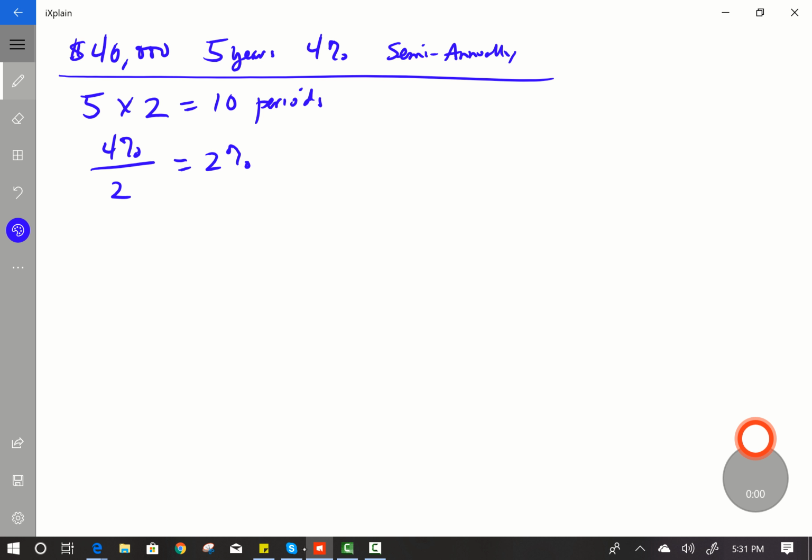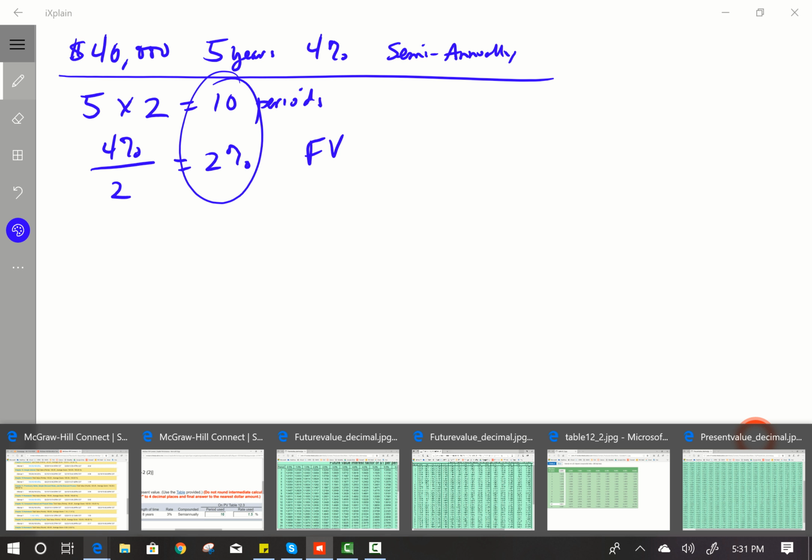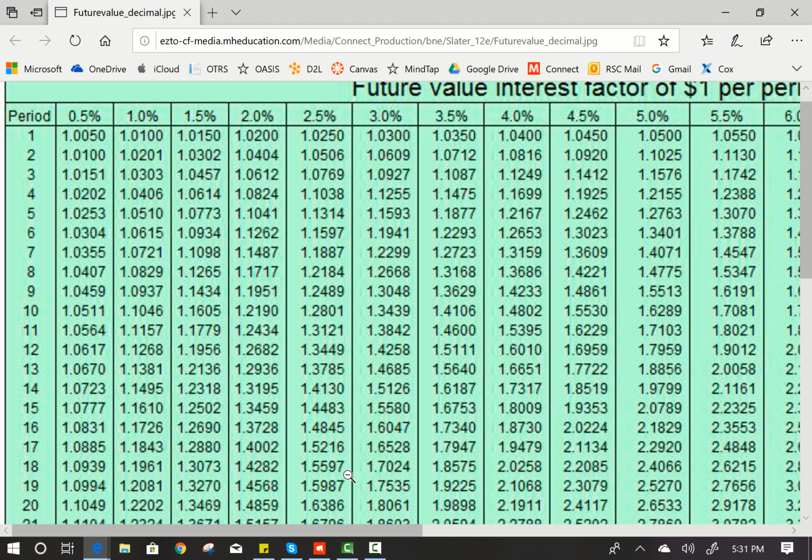Okay, we're going to use a future value table and find the corresponding factor of 10 periods and 2%. Okay, there's 10 right there, and 2% is 1.2190.